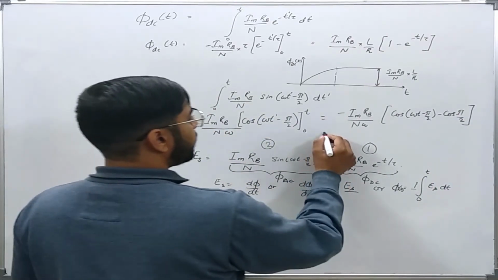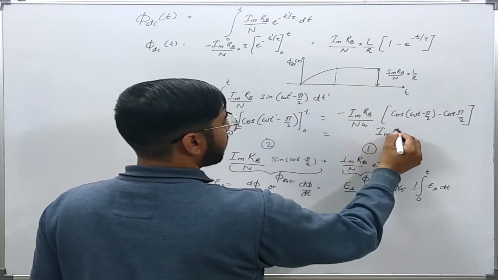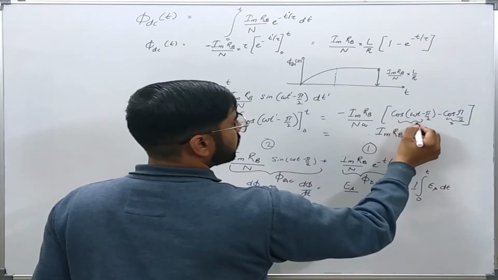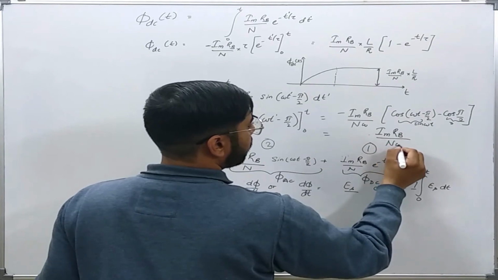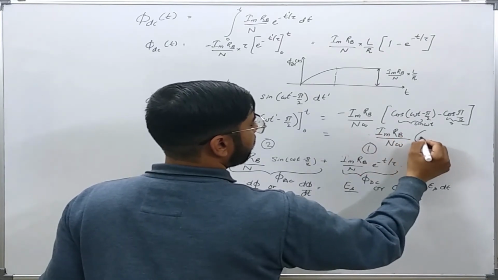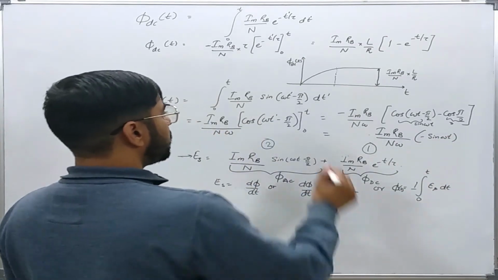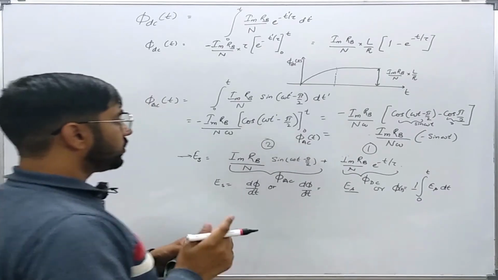So it is equal to Im RB over N omega, now this is 0 and this is equal to sine omega t, so sine omega t. Okay, so this is phi AC(t).